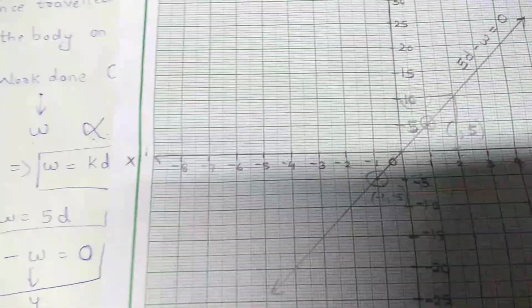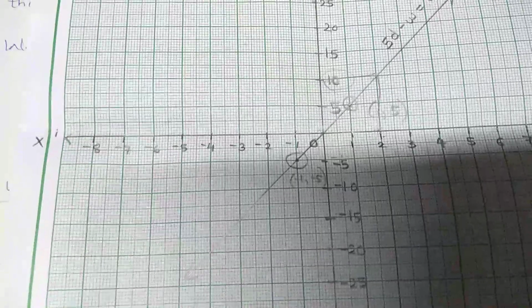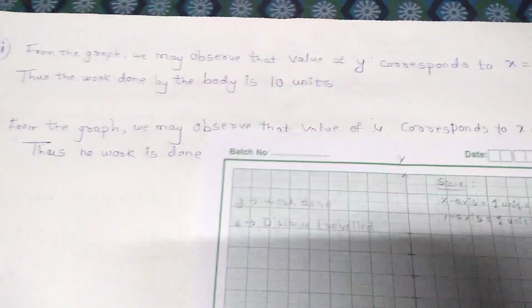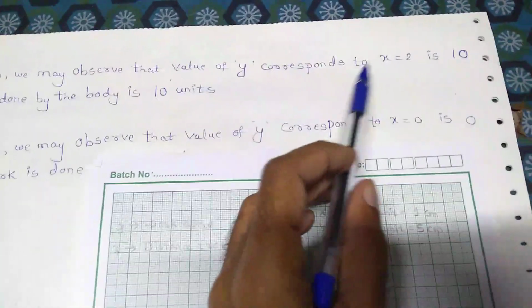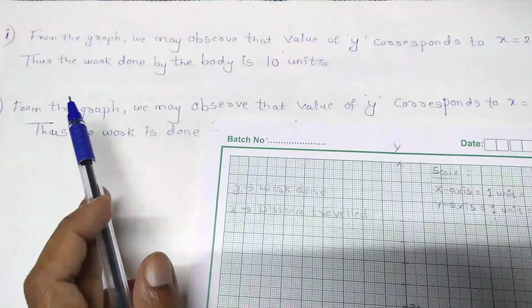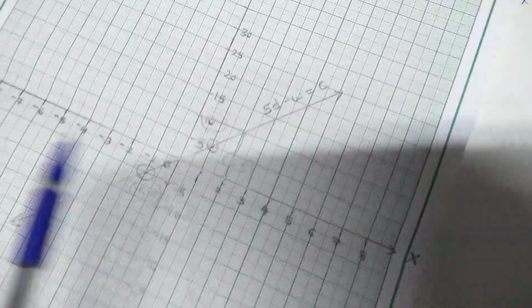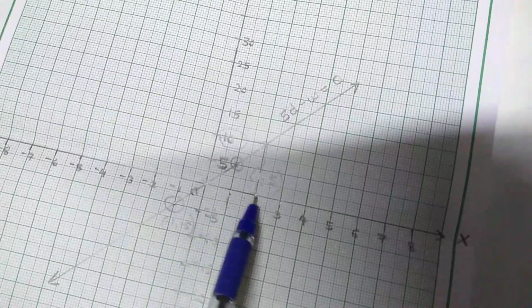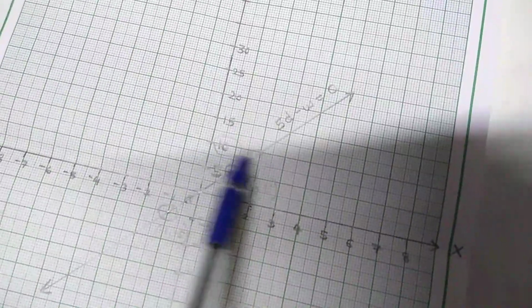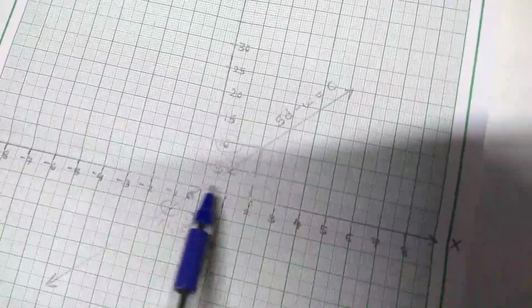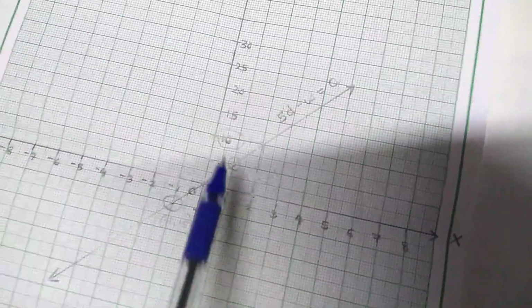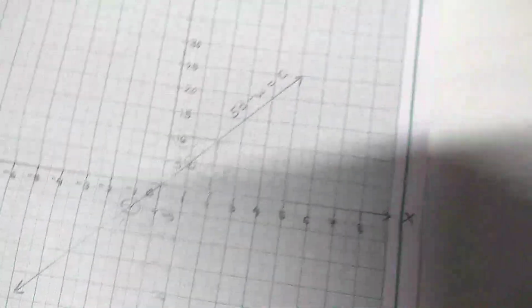So we will be writing that now in theoretical form. The same thing I have written in theoretical form, that is, from the graph we may observe that the value of y corresponding to x equals 2 is 10, thus the work done by the body is 10 units. So when the body travels a distance of 2 units, its work done is 10 units.